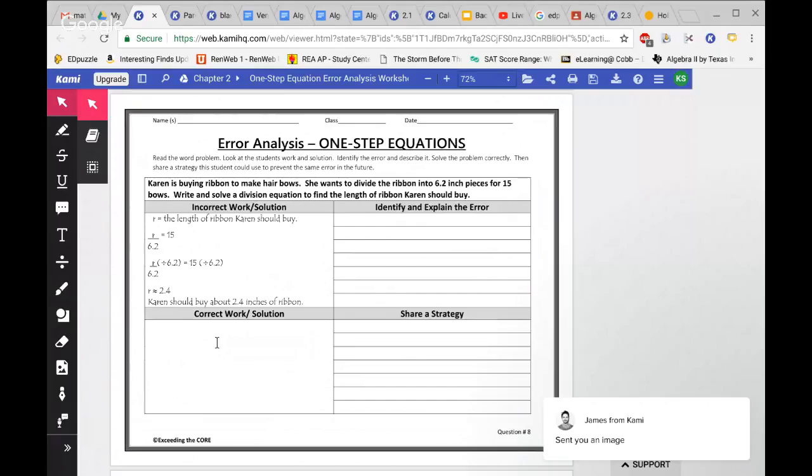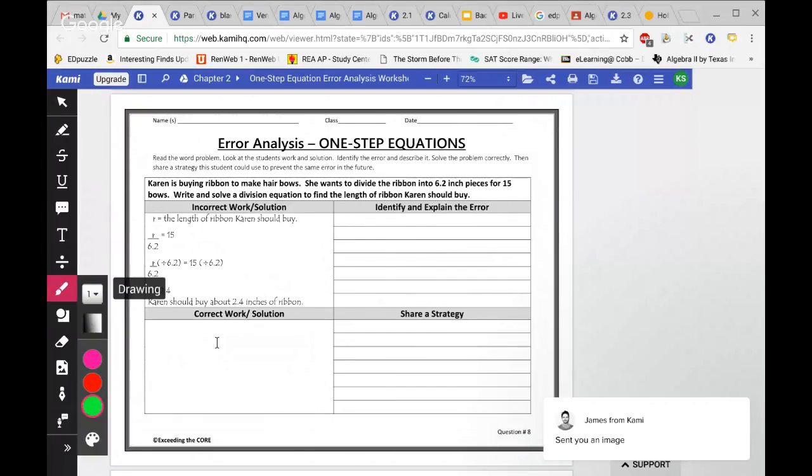So what Karen did wrong was the fact that she divided the 6.2, when in all honesty, she needed to divide R, the length of ribbon that Karen should buy, which is good. But she wants 15 of them.